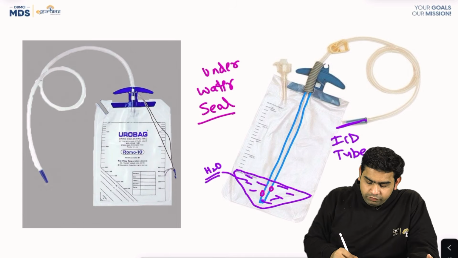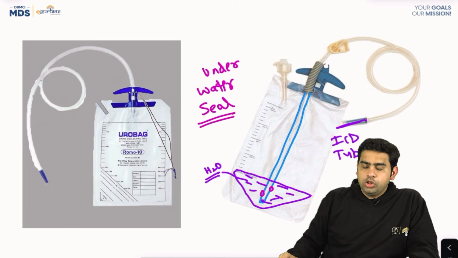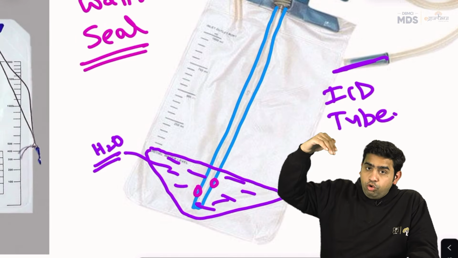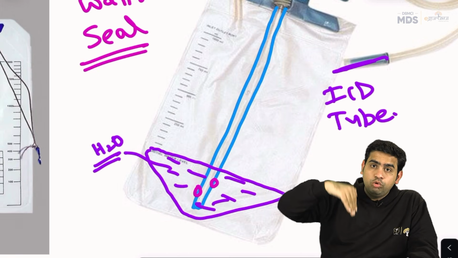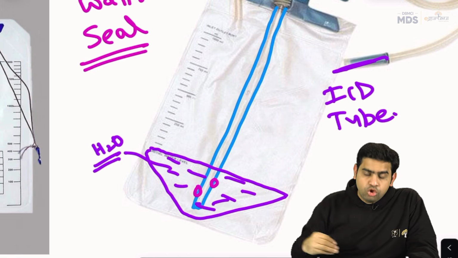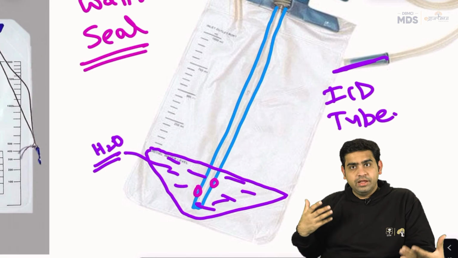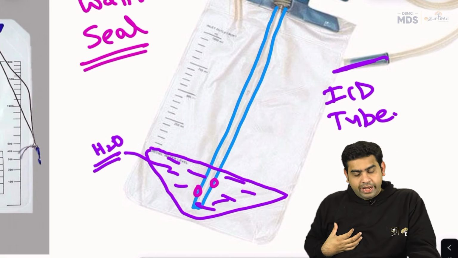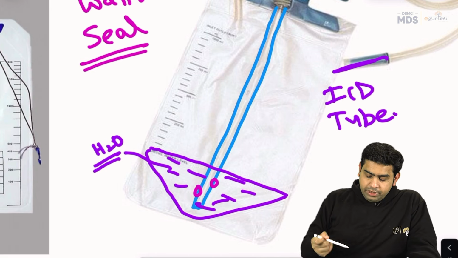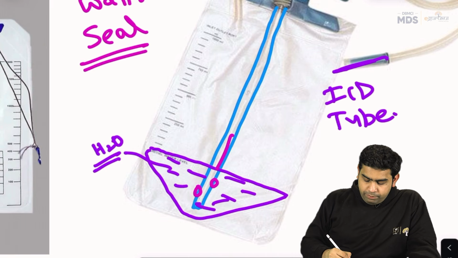Have you ever heard of this underwater seal? This tube going and dipping into the water ensures the formation of an underwater seal. So now when I breathe out, and let's say if I have a pneumothorax, the air will come out and pop from here. I'll use another color.